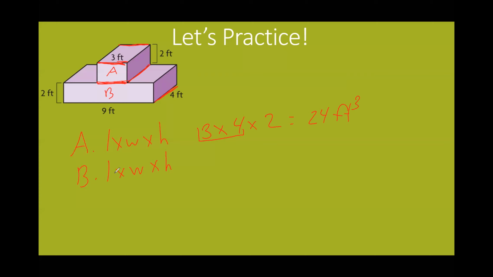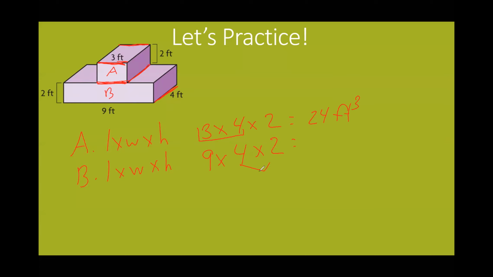Okay, let's find the volume of B. The length of B is 9. The width is 4. And the height, they told me here, is 2. So I can use my commutative property law, and I could do 9 times 4 to get 36, and then 36 times 2.